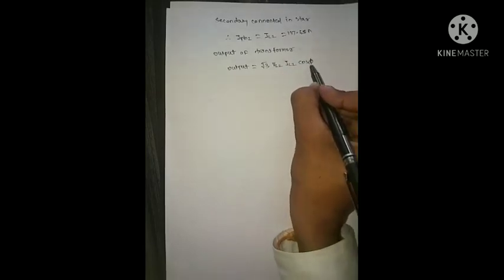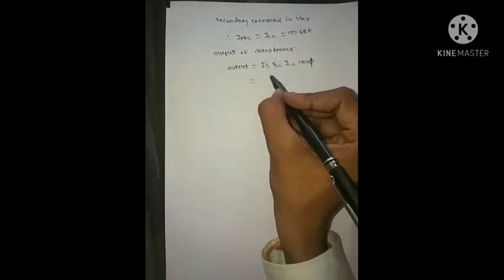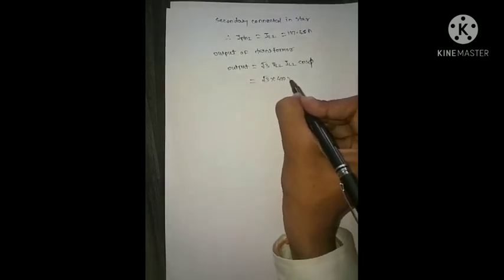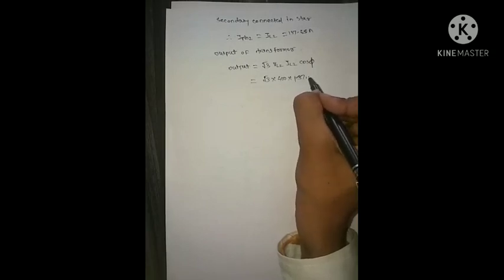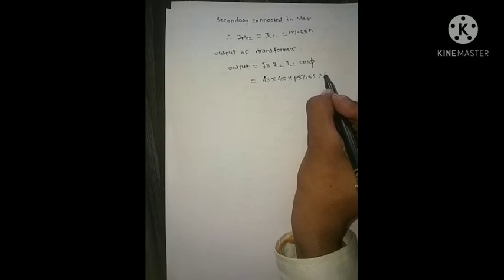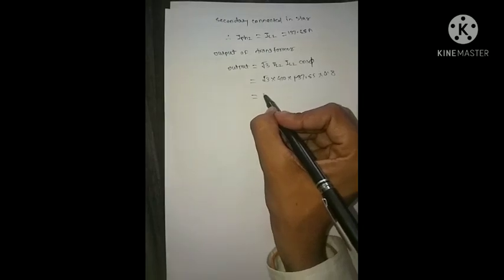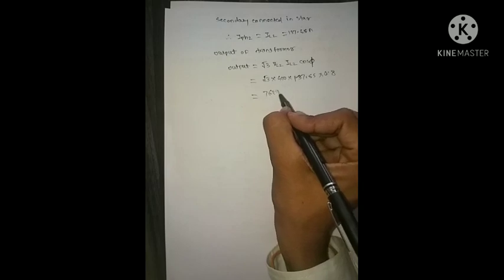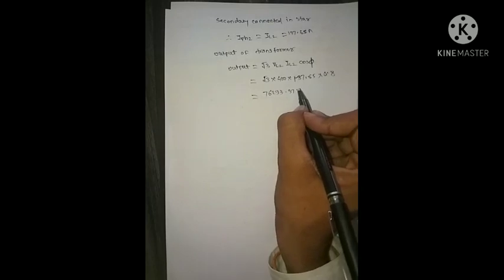We have given cos phi is 0.8 lagging, so put all the values: root 3 into 400 into 137.65, and the cos phi is 0.8. So by calculating this, we will get the answer 76,293.37 watt, but this is only in watt.